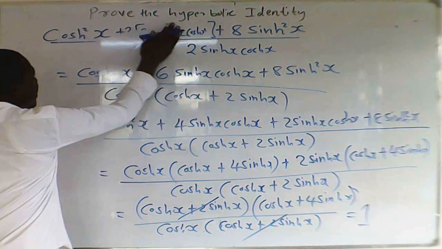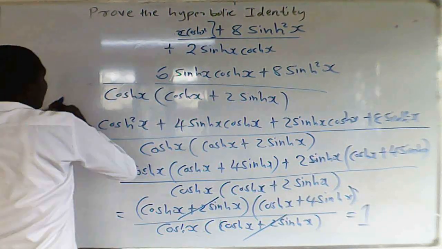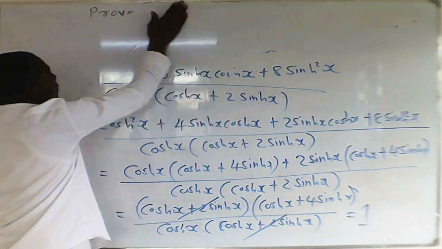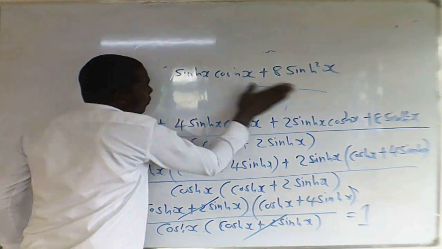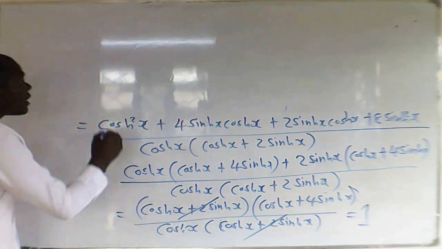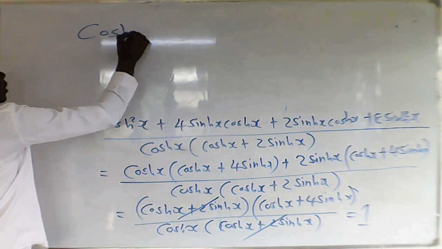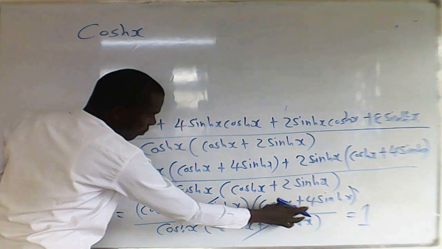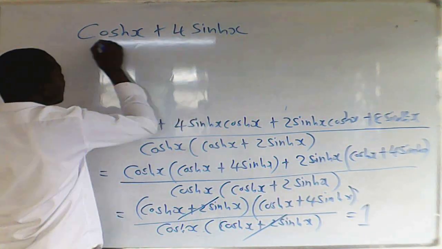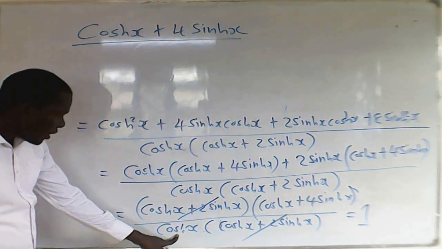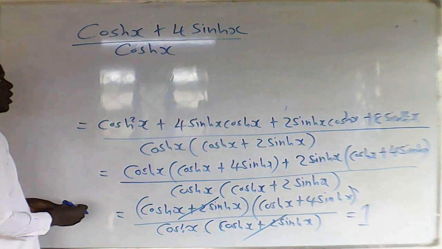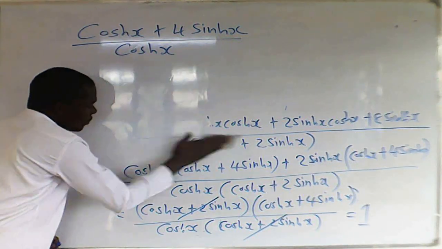Let me write it up here for you to see it clearly. What are we remaining with in the numerator? We are remaining with cos x plus 4 sinh x, and in the denominator we are remaining with cos x.